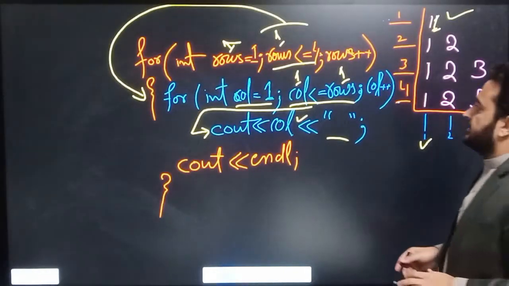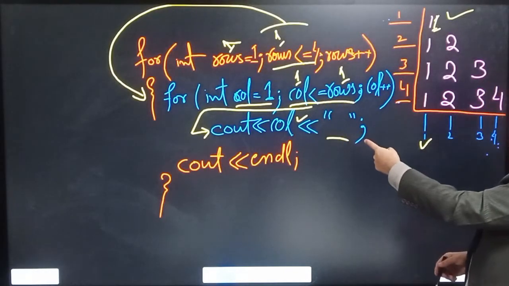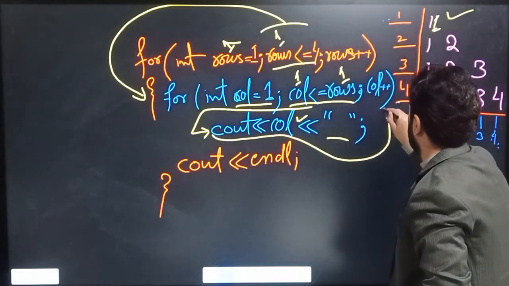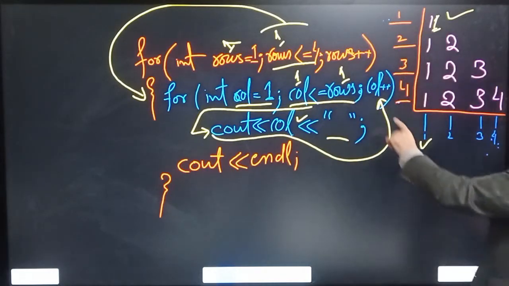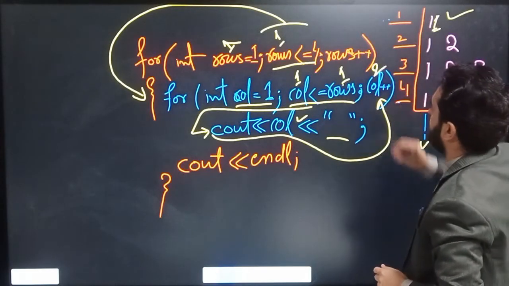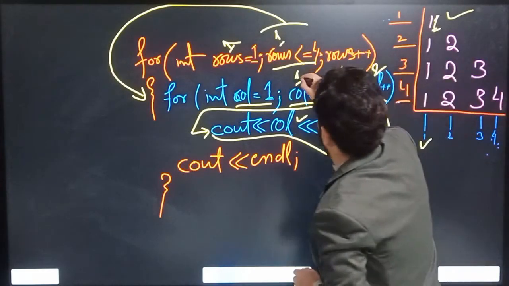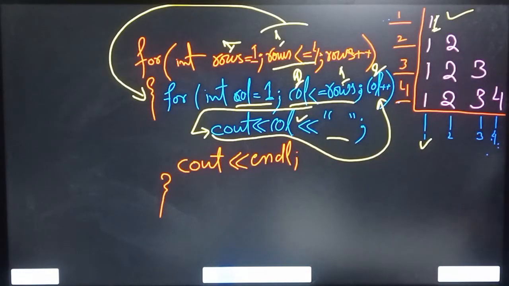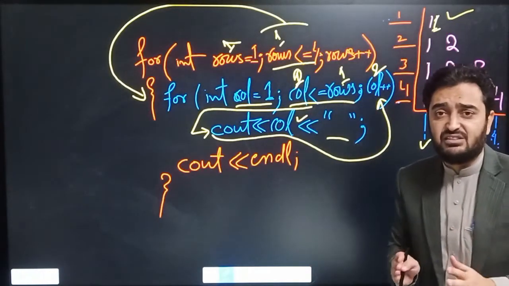Then the second iteration will be executed, and execution will come to the column plus plus. Column was 1, now it will become 2. Then the condition will be checked. Is 2 less than or equal to rows? No, 2 is not less than or equal to rows.